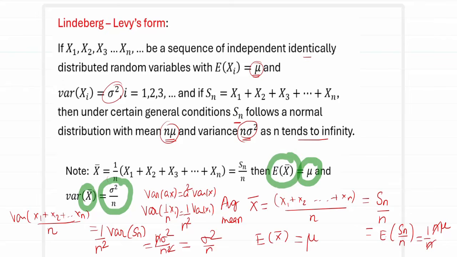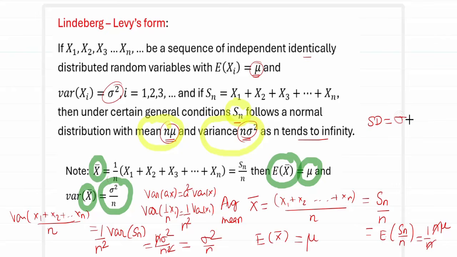So we need to keep in mind, when you have your Sn, the mean of your Sn is n mu, and the variance of your Sn is n sigma square. When you have your x bar, the mean of the x bar is mu, and the variance of x bar is sigma square by n. So this is nothing but our variance. When I want the standard deviation out of it, what will be the standard deviation of this data?